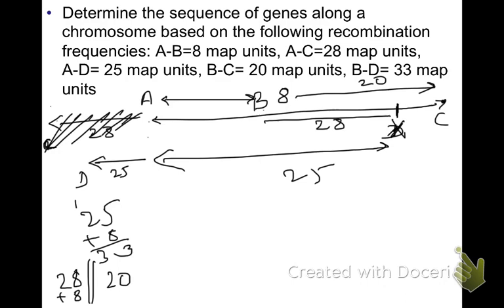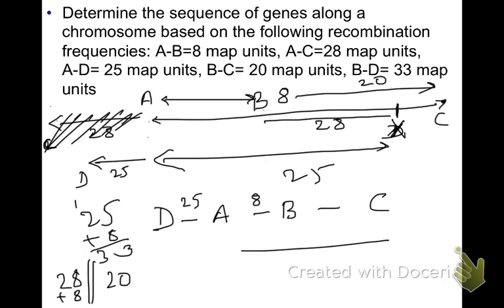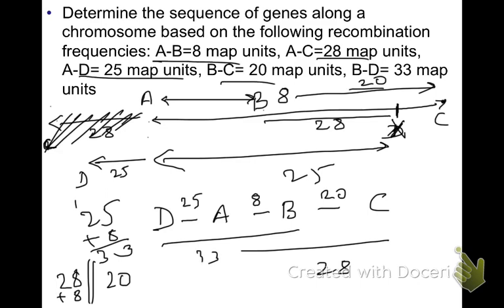So the sequence in which they are mapped is D, A, B, C, which means A to D is 25, A to B is 8, A to C is 28, B to C is 20, and B to D is 33. So all of these values are respected, and I am able to find out the sequence of the genes as D, A, B, C.